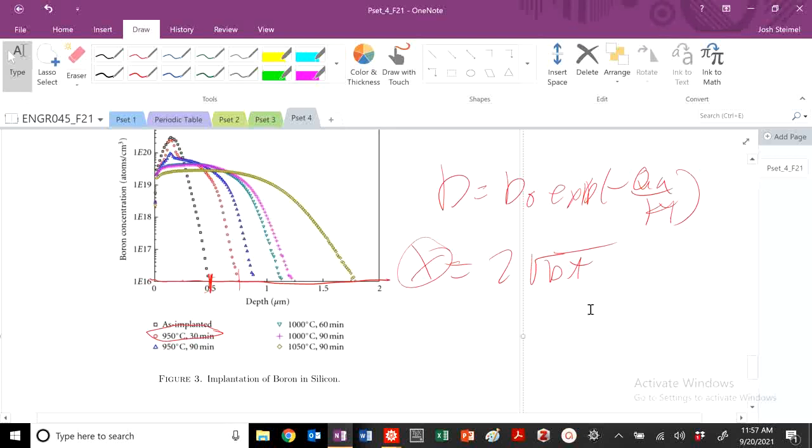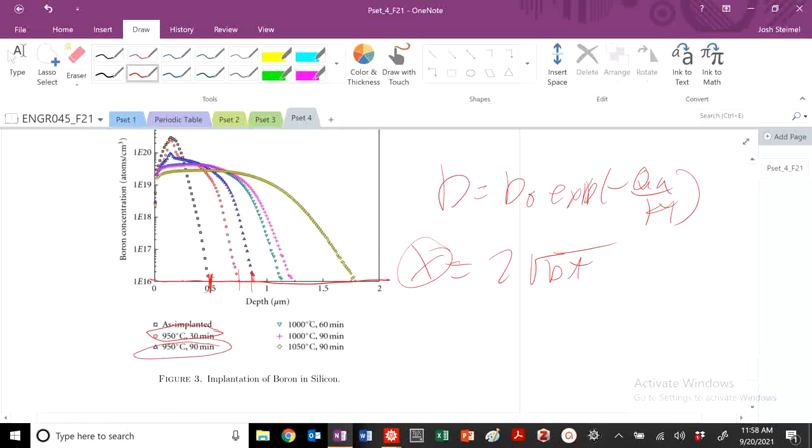Actually, let's look at 950 for 90 minutes. So now I can look at the diffusivity here. Or actually, we could even bump it up in terms of temperature, but we can figure that out at a later point because we need that D naught.